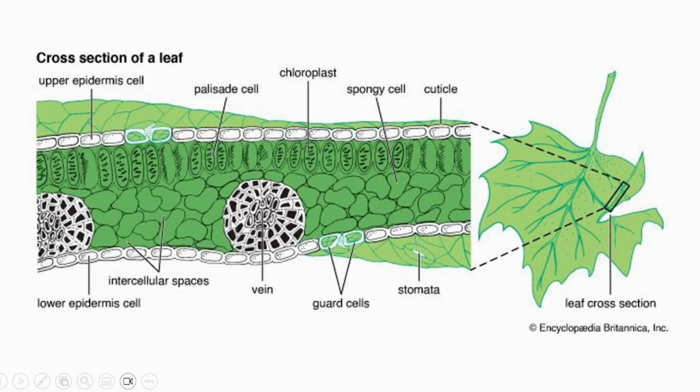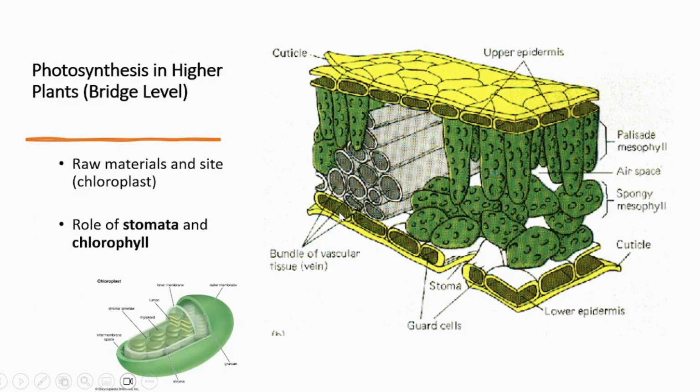It is present in the vein of the leaf. You can see that the vein is just next to the palisade and spongy mesophyll, right? Why is that? Because this water needs to move into it to help in photosynthesis. So all the three things that the plant requires for photosynthesis are already given. That is how the process of photosynthesis starts.